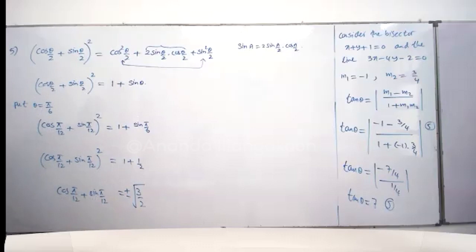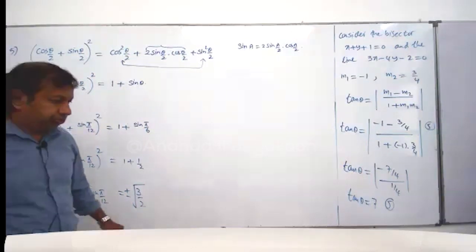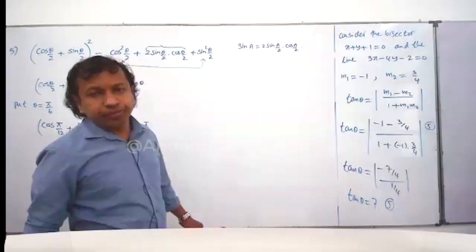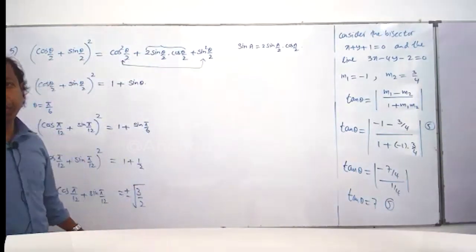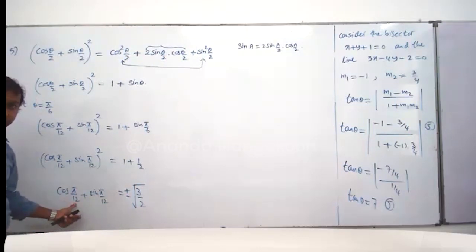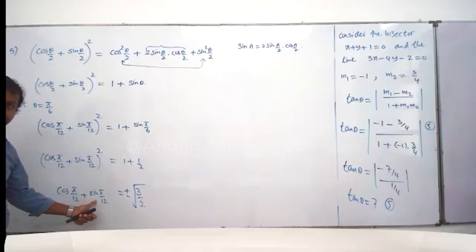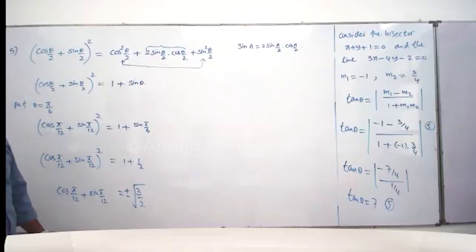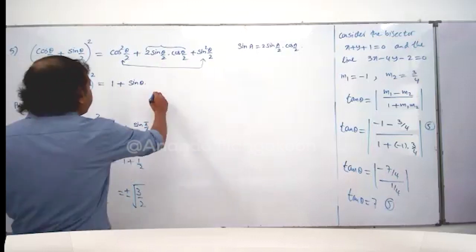Right, pi by 12 means what? Pi by 12 angle, it's 15 degrees, no? Then cos 15 is positive, first quadrant, sin 15 also positive, first quadrant. This answer positive, this answer positive, so the sum should be positive. Therefore, we reject this minus sign. Then we select this.